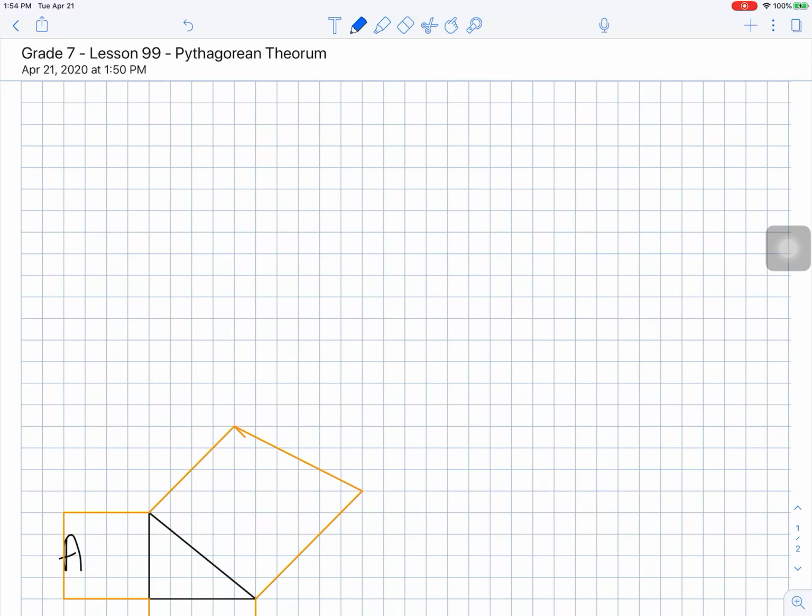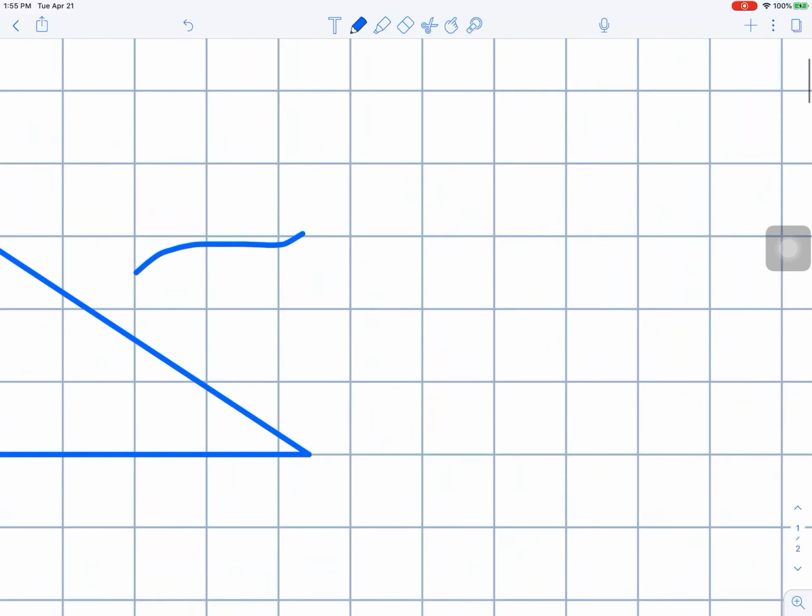All right, grade 7, we're going to learn about the Pythagorean theorem today. The Pythagorean theorem has to do with right triangles and finding the hypotenuse. If I were to draw a right triangle here neatly, what you would get is a triangle that is square on one side and has a hypotenuse on the top.